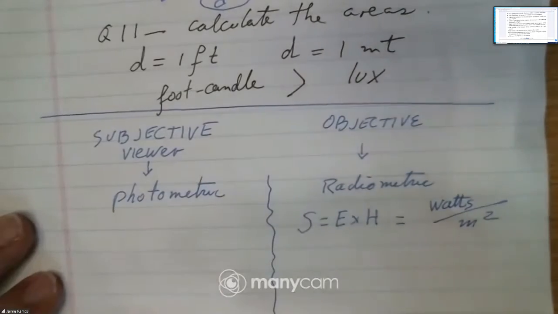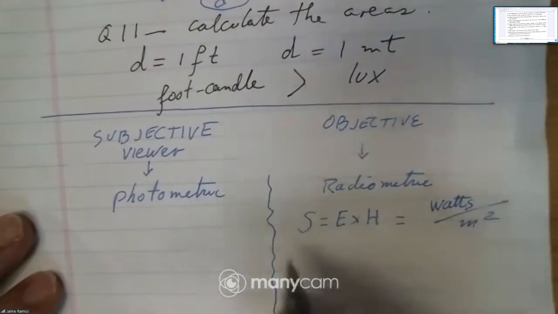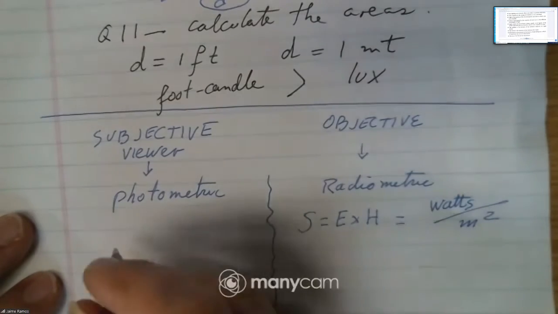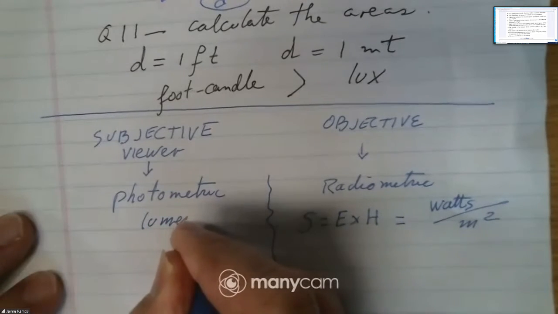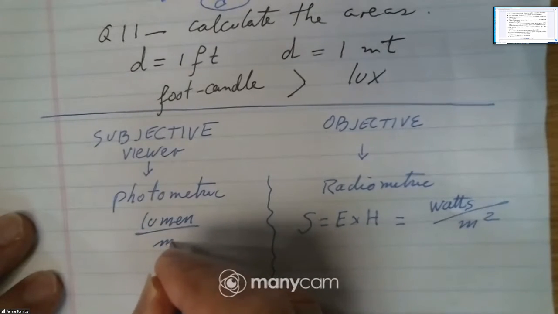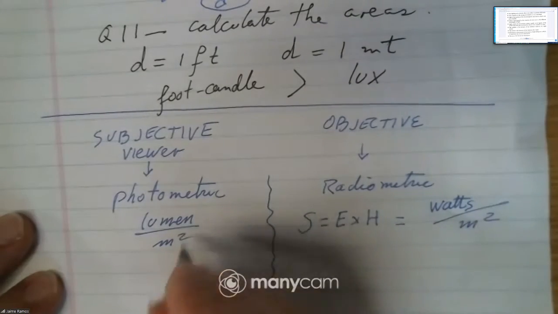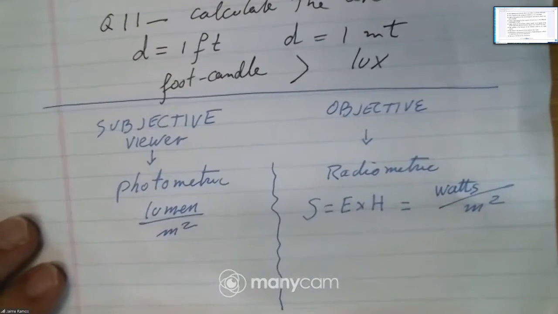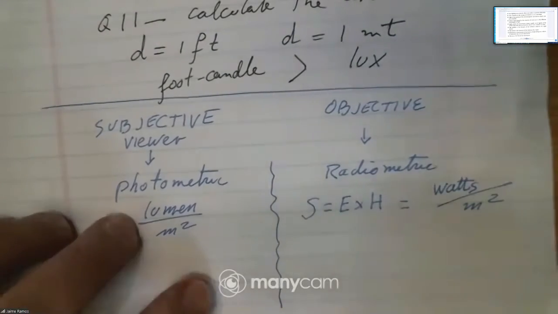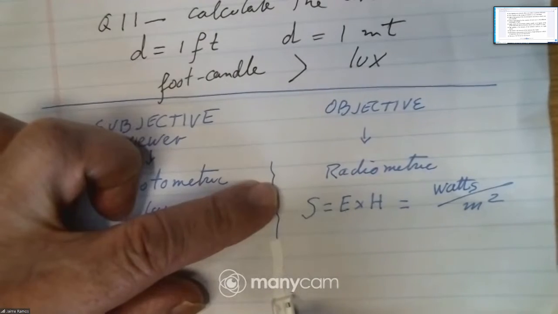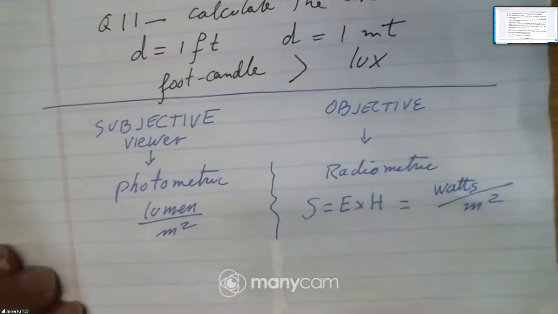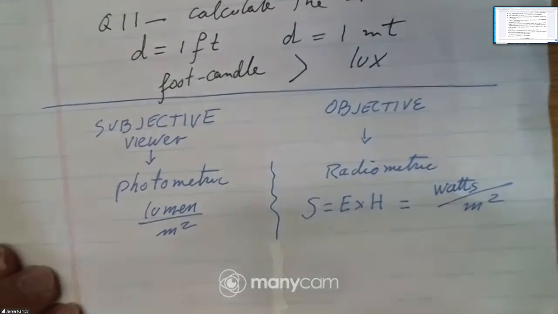Now in photometric, we use these other units. We use the lux, lumen per square meter. So then the question is, this is difficult for me to understand, but why?